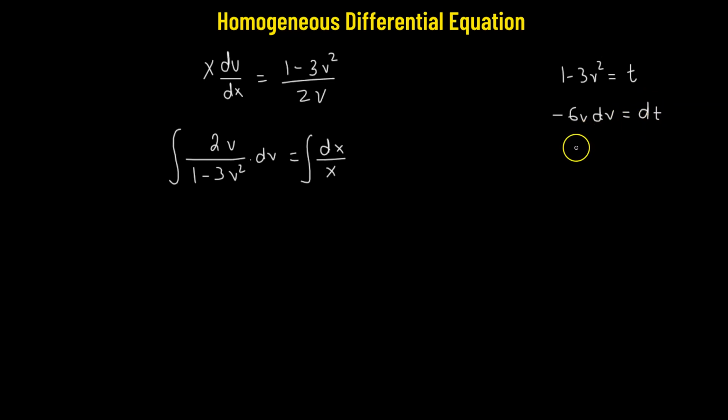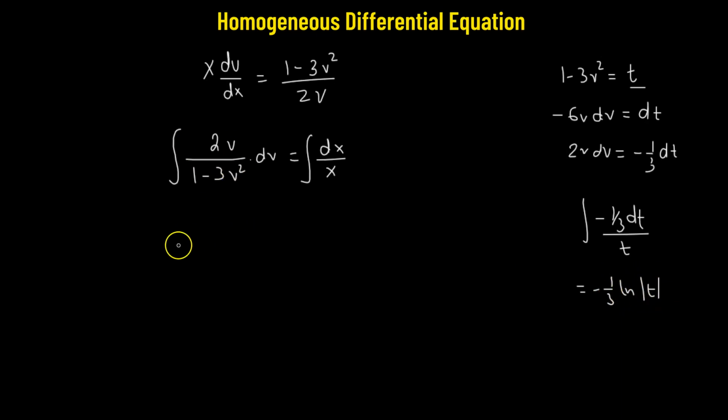Dividing both sides by negative 3, we will have 2v dv equals negative 1 over 3 dt. That means we can replace the numerator 2v dv with negative 1/3 dt, and in the denominator we have 1 minus 3v squared, which will be replaced with t, and this simply becomes negative 1/3 of natural log of t.